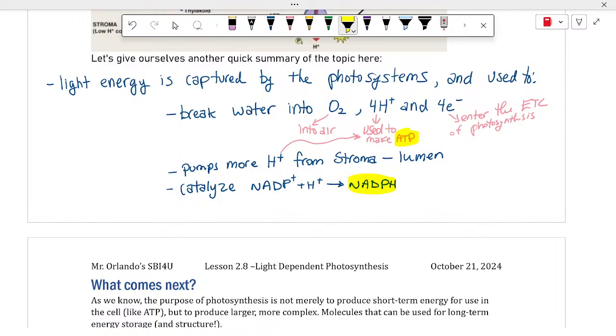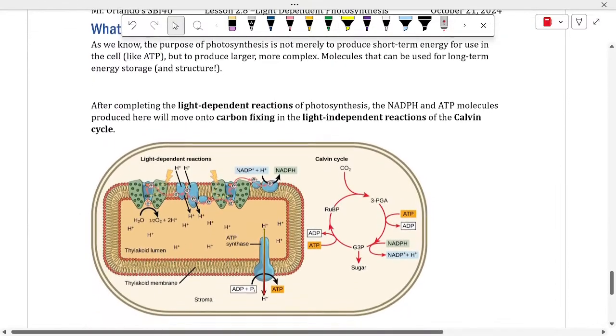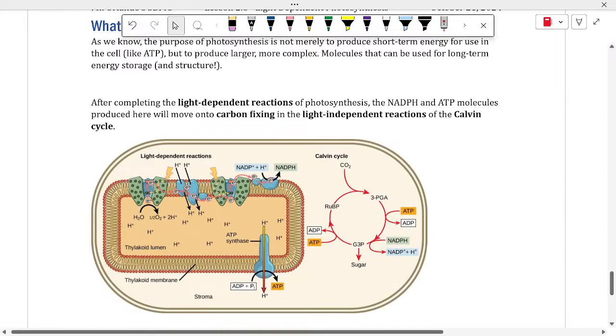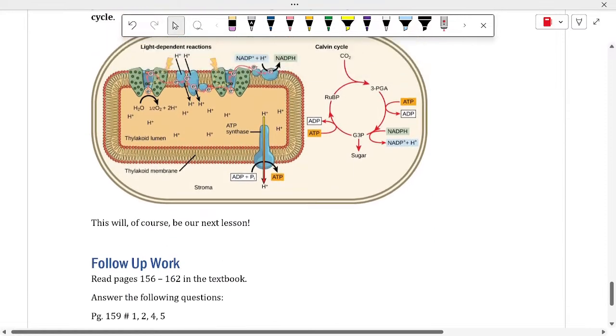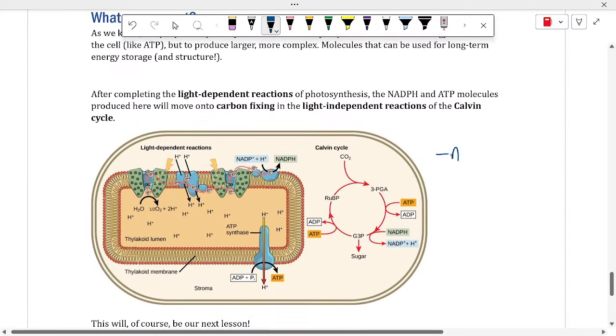Does that feel okay? Doesn't feel too bad, does it? All right. So what comes next? We're not going to learn it today. What we're going to learn tomorrow is that ATP and NADPH enter the light-independent reactions where sugar is actually made.